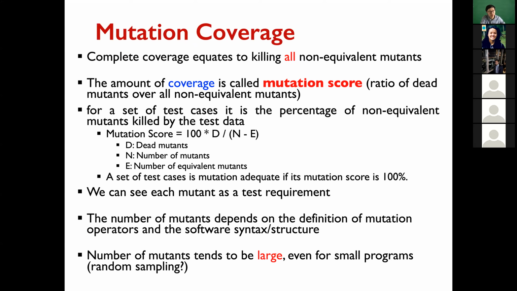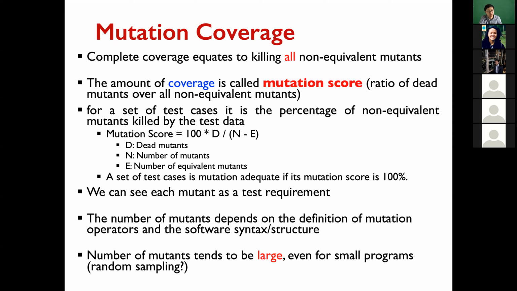So how can we measure the effectiveness of our test cases? We want to make sure that our test cases can find these mutations, can detect this difference, right? Can find those bugs generated by mutations. But how to quantify it, right? So our approach is to use a score called mutation coverage, right?